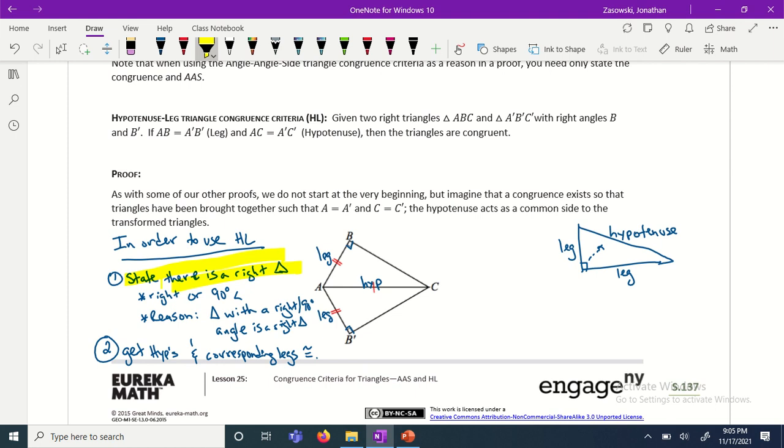Get yourself a right triangle, not a right angle. There has to be a statement that says triangle ABC is a right triangle. Then we have to get the hypotenuses and the corresponding legs to be congruent. Once that happens, we can use HL. You're going to see that today as we work along here.